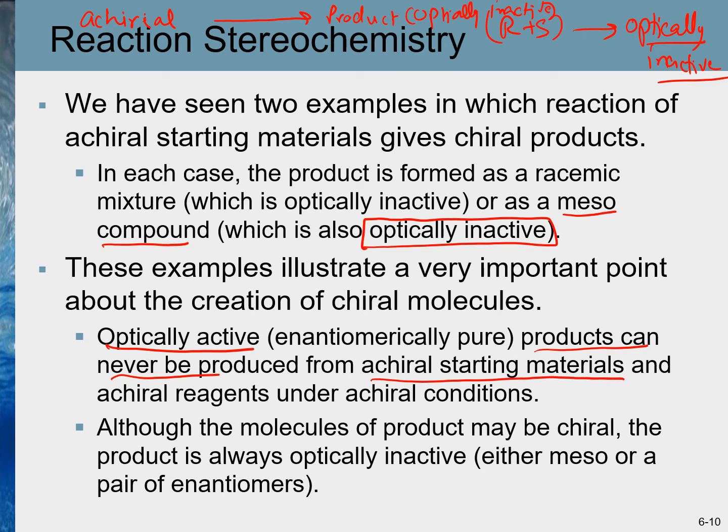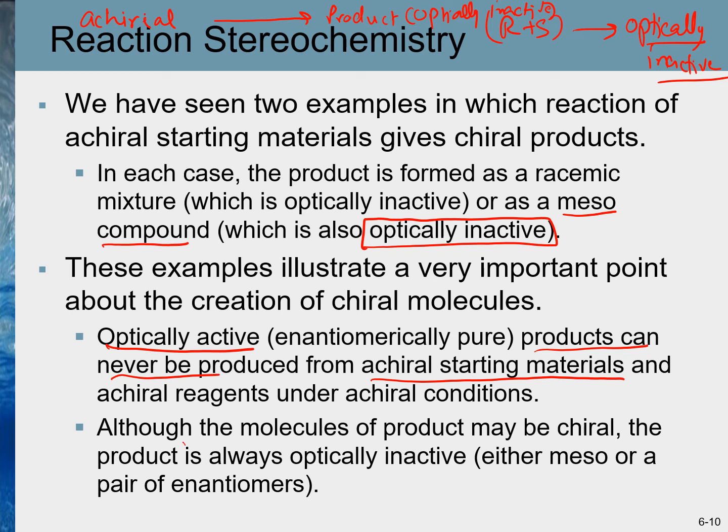Now I would like to point out here is that racemic mixture is optically inactive because it's 50-50. Optically active means only one enantiomer. Okay, so any of those stereospecific reactions we saw earlier did not give us single pure enantiomer. They either gave us a mixture of enantiomers or a meso compound. So in both cases, the product was optically inactive.